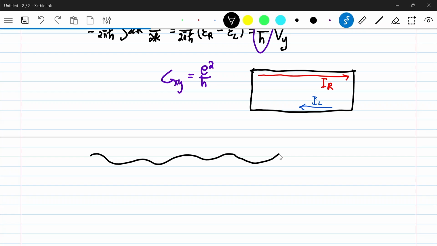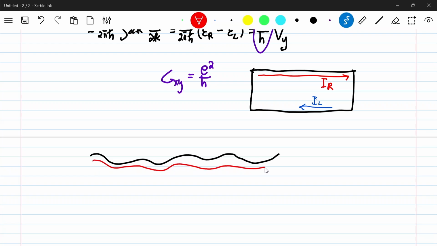What will happen is, my edge channels will now not be straight lines; they will follow more or less the equipotential contours of the potential.